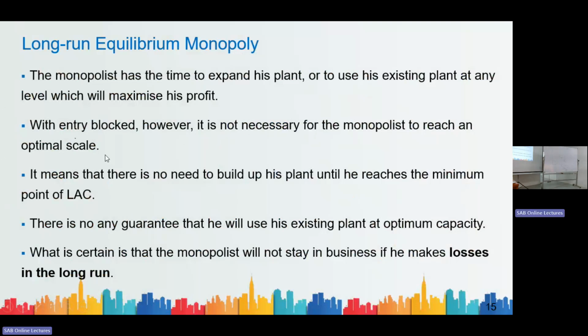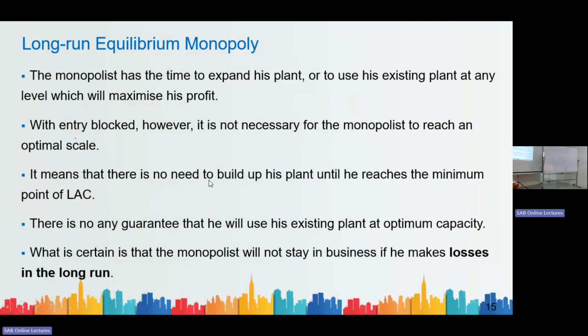The monopolist can reach the optimum scale or can operate before the optimum scale. It is not necessary to reach this level. The monopolist can operate somewhere here also. It is up to the monopolist, who has the freedom to decide.